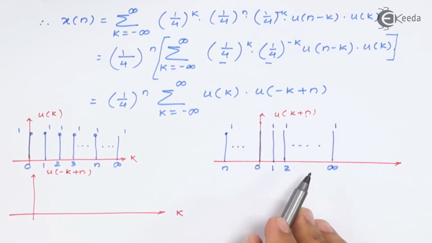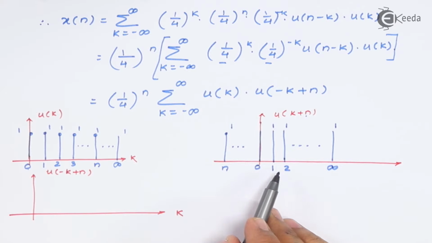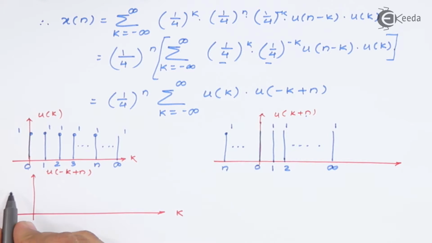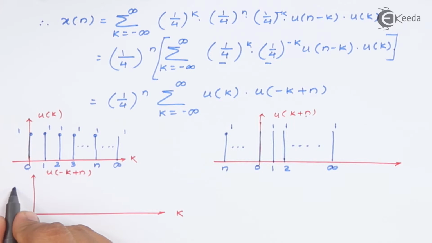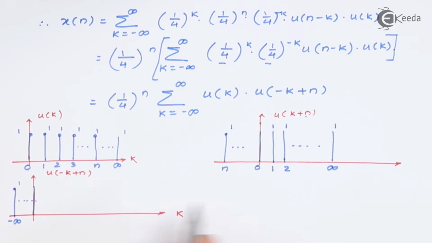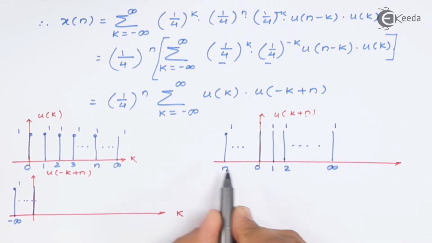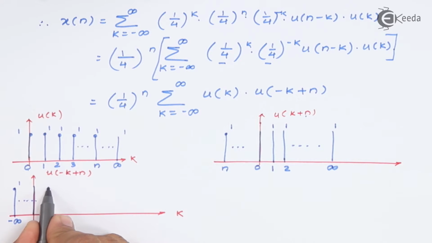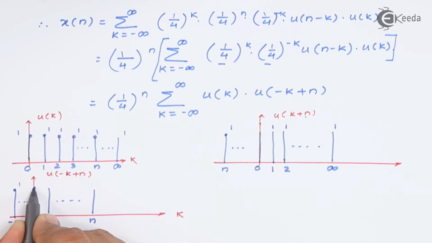Now if we go for the mirror image of it, then I can draw this graph from minus infinity, having amplitude one. This discrete sample graph continues till n on the right-hand side.